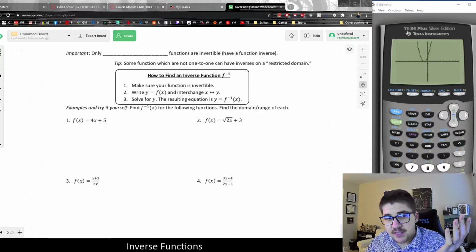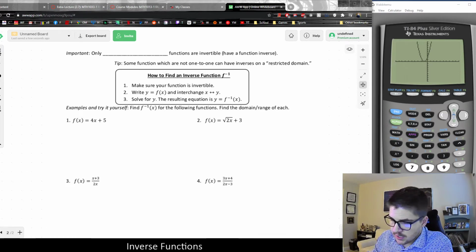Now, I said this in my last video, but only one-to-one functions have inverses. And the reason that's the case is, say we're imagining a function which is not one-to-one. Again, I'll return to the World Series example, where in 2012 the Giants won the World Series.